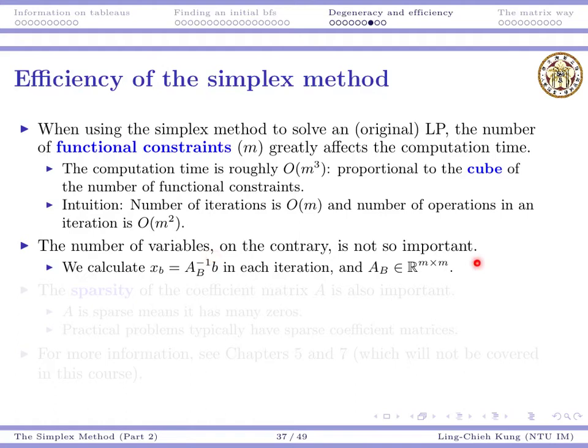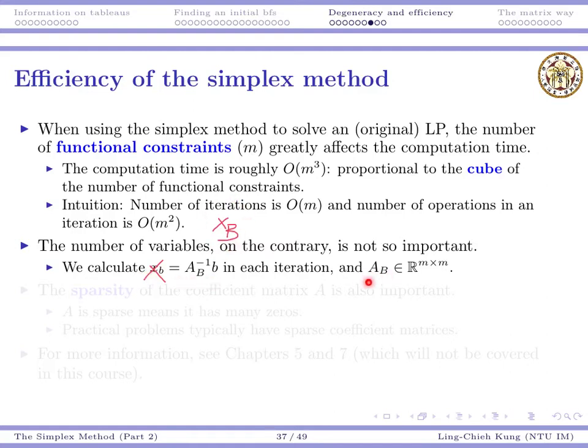One simple intuition is that in every iteration, we need to calculate, this should be capital B, not very important, A_B inverse b, and this gives us the basic variables. We know all the non-basic variables are zero, but this one needs to be calculated by ourselves.